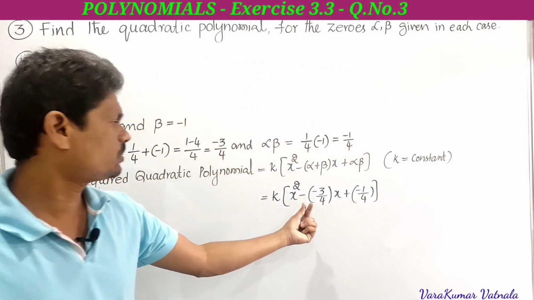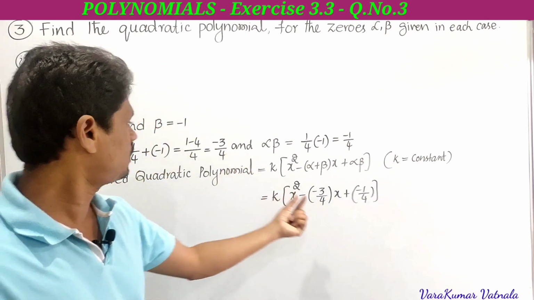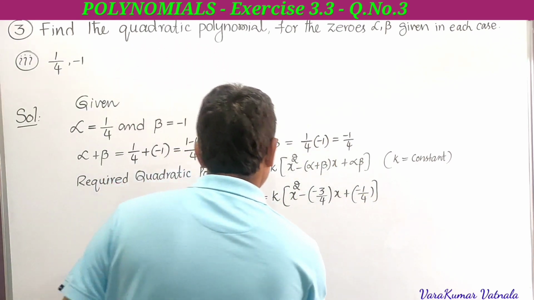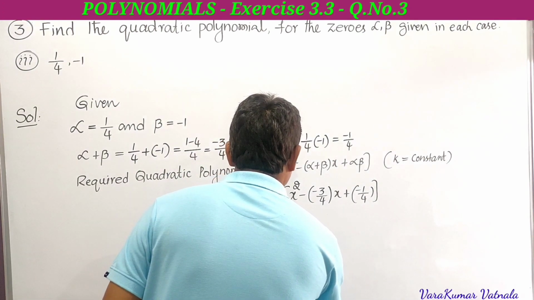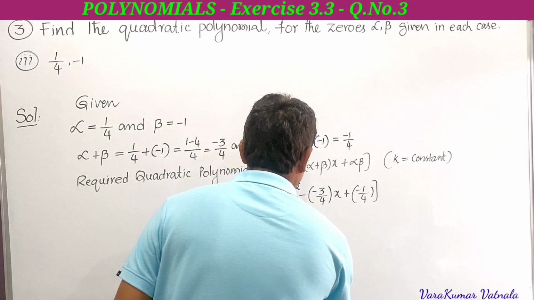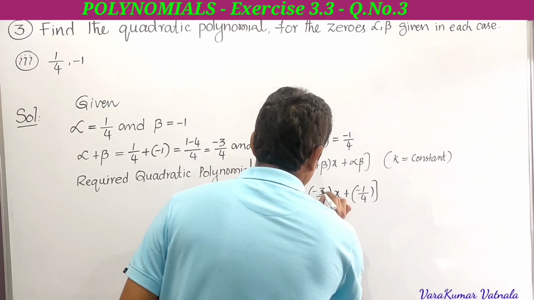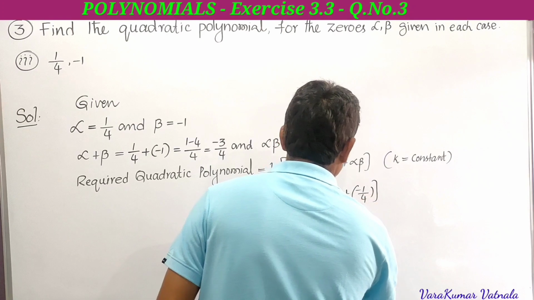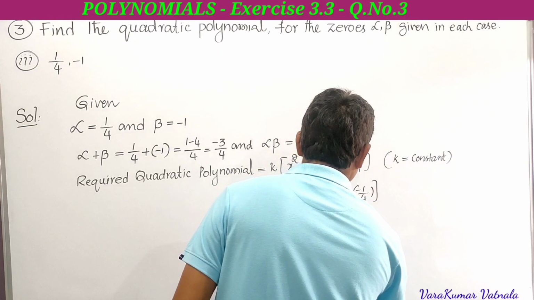So just I have substituted alpha plus beta is minus 3 by 4 and alpha into beta is minus 1 by 4. So again simplify here, k into x square, minus into minus plus 3 into x is 3x by 4. Here minus into plus is minus 1 by 4.